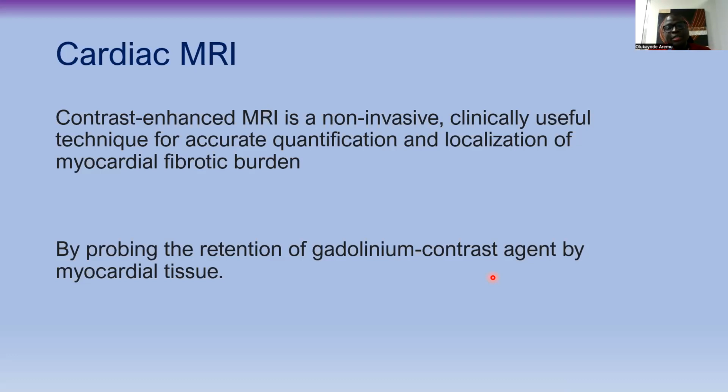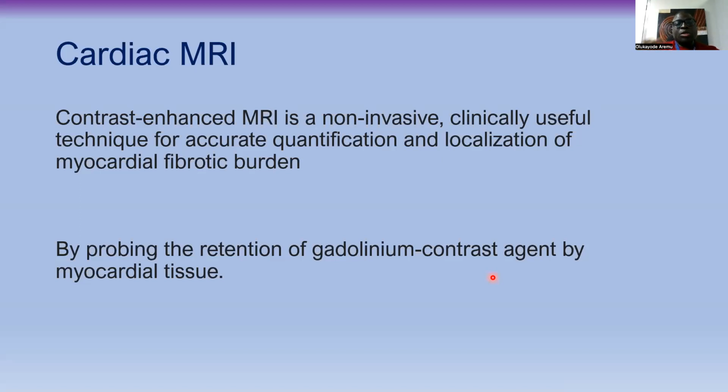So just a brief principle of how gadolinium works. The extracellular matrix of the heart, there is this interstitial space. Sorry, I should have put some images so that you grasp what I'm talking about. So there are some spaces. When you inject gadolinium into the myocardium, it is expected to move into the myocardium and then move out. So we call it the kinetics of myocardium, the washin and washout effect or principle of gadolinium.